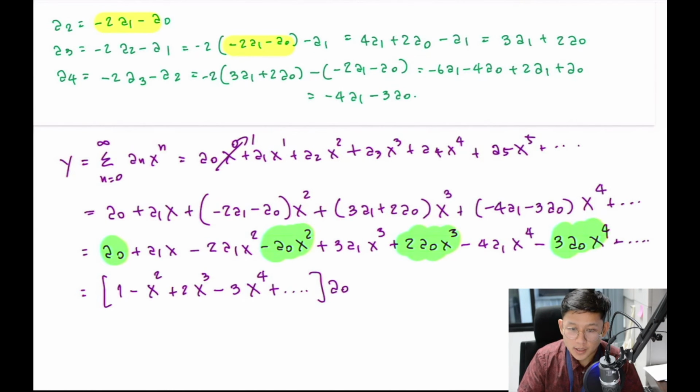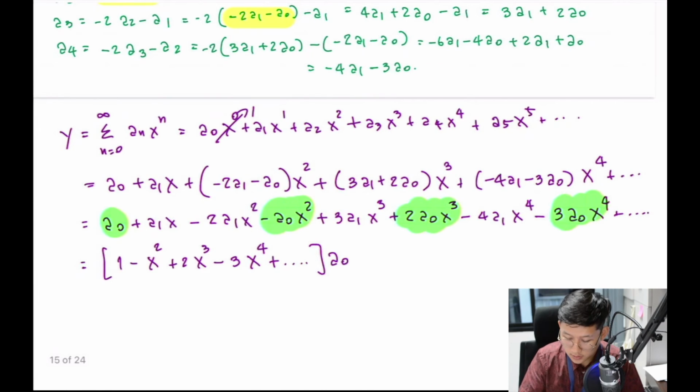And then plus here would be a1, which is from here. No, not a1, sorry, it would be x, which is from here, right?